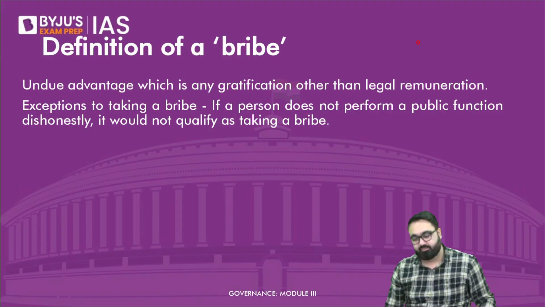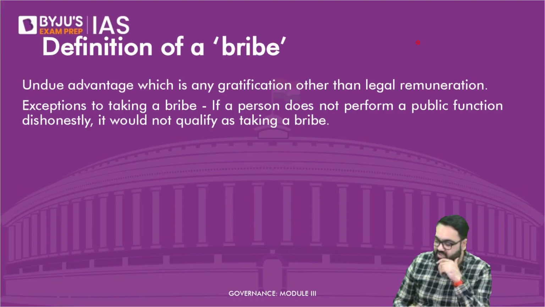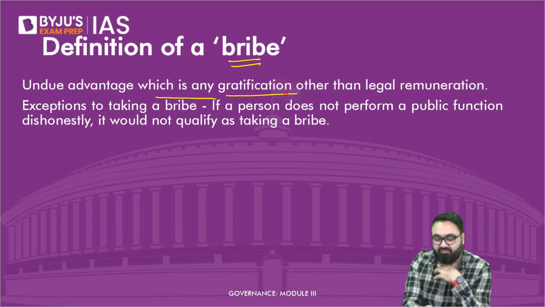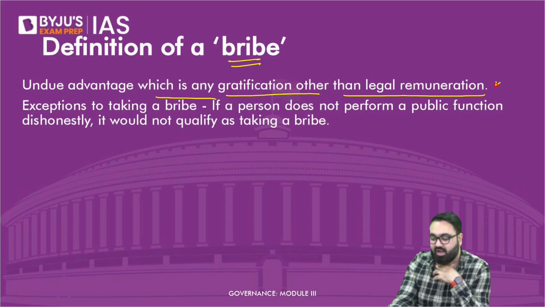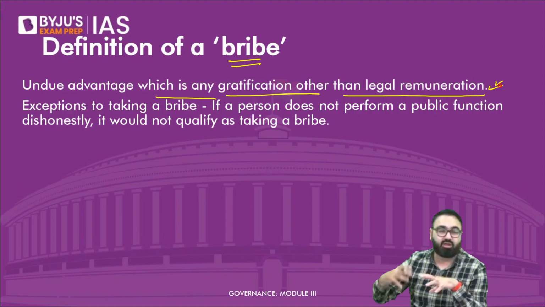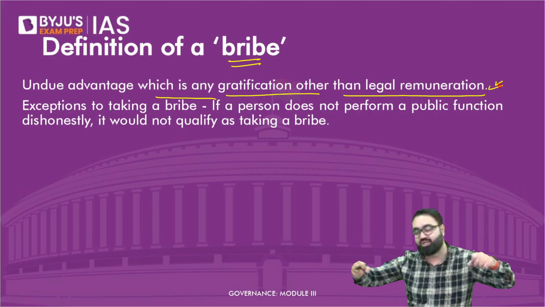The first change was in the definition of the word bribe. They said undue advantage, any gratification other than legal remuneration, will be called a bribe. Earlier, people thought only if money is exchanged, only if someone is offering cash or a briefcase full of cash, will it be a bribe.